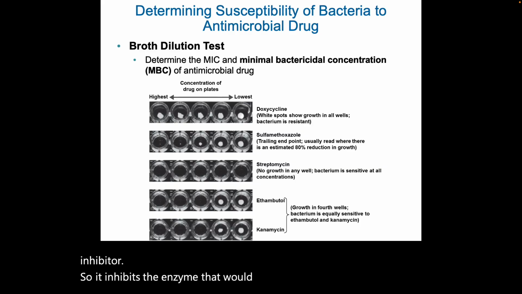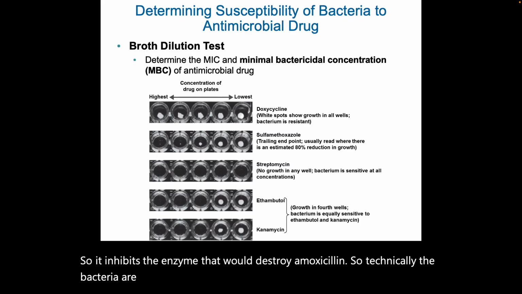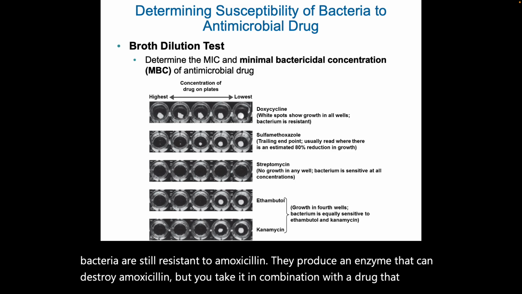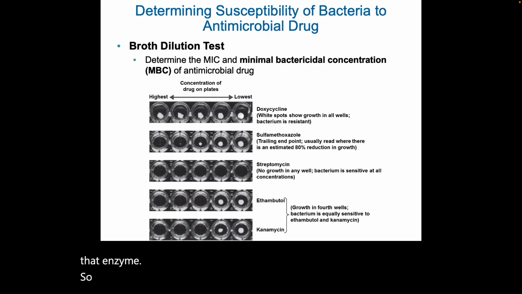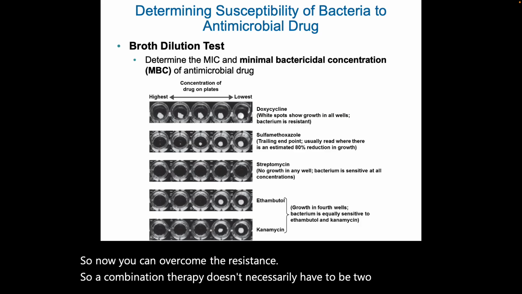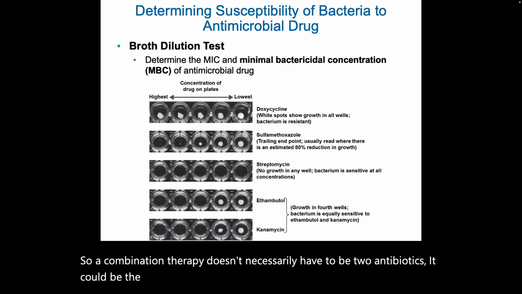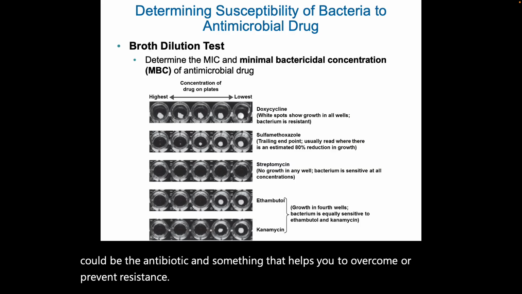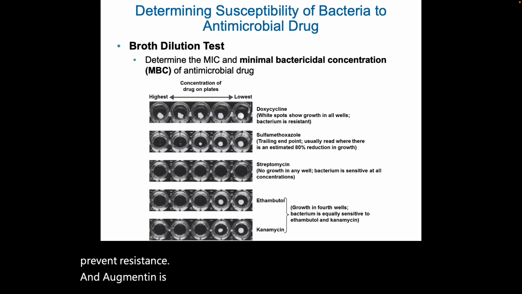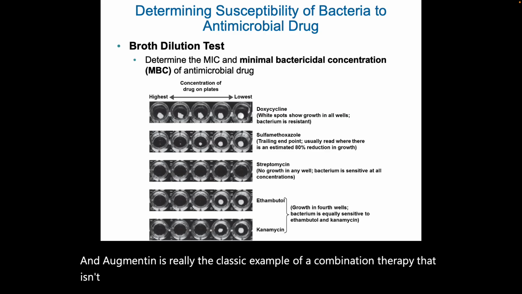Technically the bacteria are still resistant to amoxicillin. They produce an enzyme that can destroy amoxicillin, but you take it in combination with a drug that inhibits that enzyme, so now you can overcome the resistance. So a combination therapy doesn't necessarily have to be two antibiotics. It could be the antibiotic and something that helps you to overcome or prevent resistance. Augmentin is really the classic example of a combination therapy that isn't two antibiotics, it's an antibiotic plus another compound.